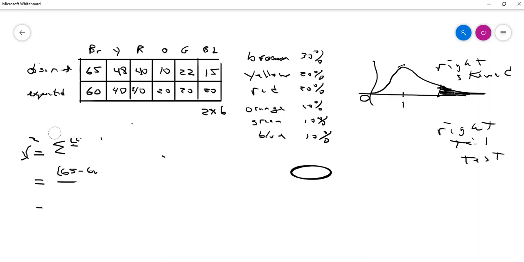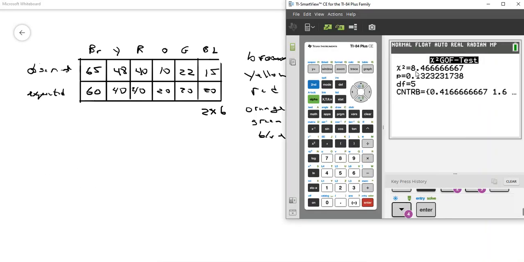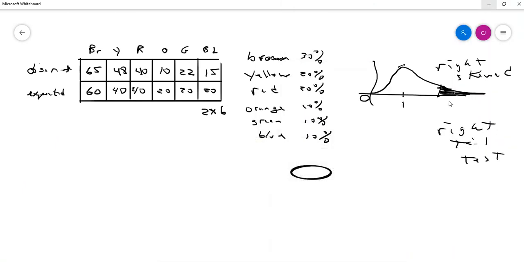So if you don't have the goodness of fit test, how do we get the p-value? We know we got the critical value. That was this here, the 8.47. Okay.